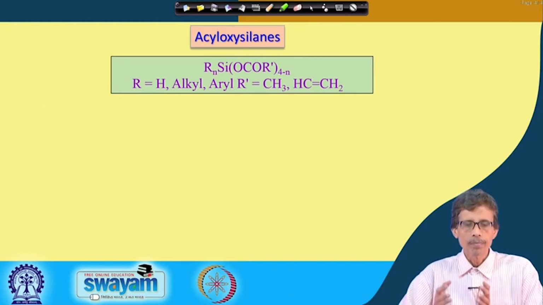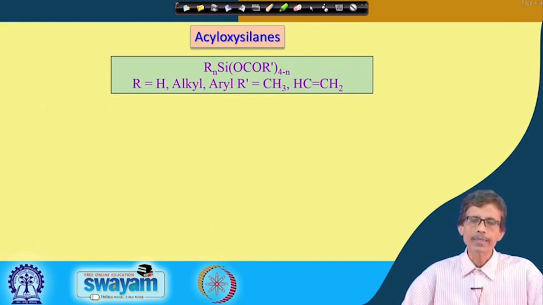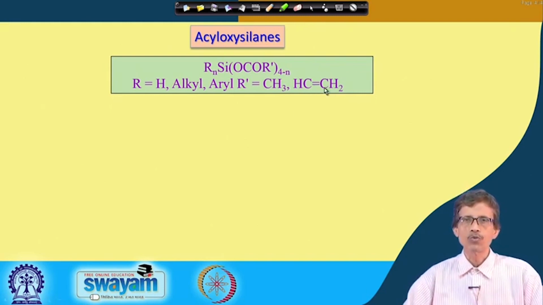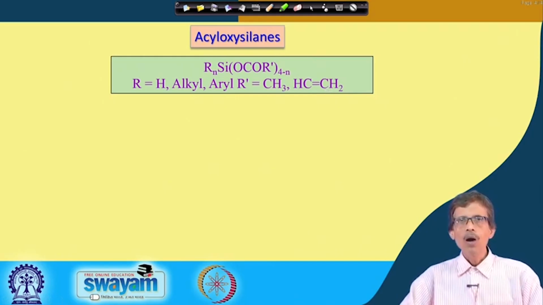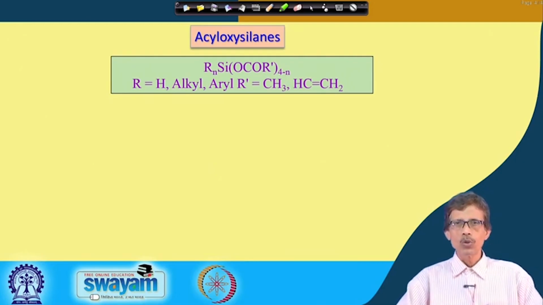This can be a methyl function, or very interestingly, this CH=CH2 function, that means the allyl function. So how can we introduce it? We will be doing something very close to typical organic chemistry, because in organic chemistry we know that around the carbon center we can have different types of molecules, but when we have silicon based materials, it can be an oil, it can be a rubber, it can be a resin.